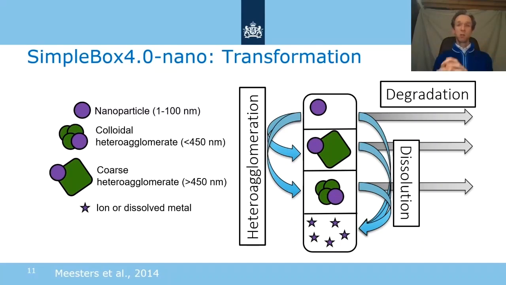So they attach to those, and we divided them in coarse heteroagglomerates and smaller colloidal heteroagglomerates below 450 nanometers. Then, of course, you have dissolution, where specifically metals would dissolve. Of course, degradation can also be a process, particularly if you look into organic type of nanoparticles.